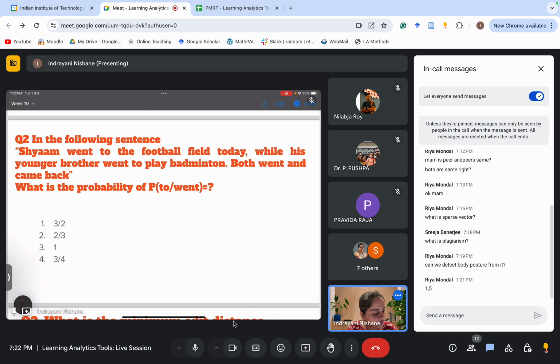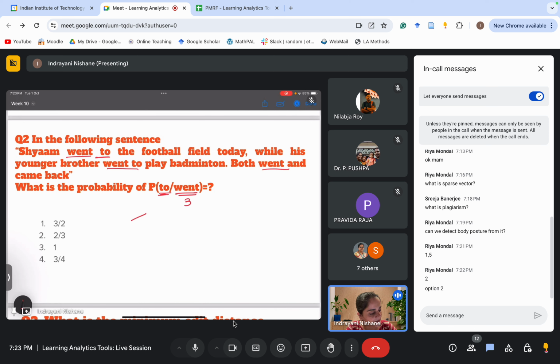What we will do is see how many times 'went' has occurred: 1, 2, and 3. So 'went' has occurred 3 times, and how many times has 'went to' occurred? Once and twice. So very simple to calculate. This is 2 by 3, option number 2.